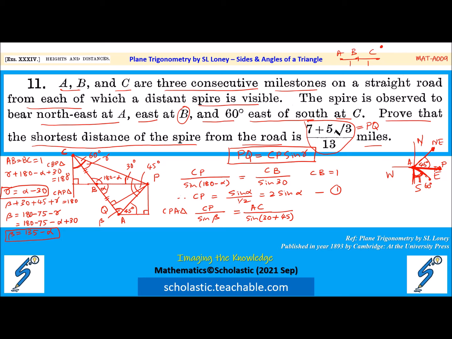So that gives us another equation for CP. Therefore, CP is equal to AC, in this case 2 miles, times sine beta, where beta is 135 minus alpha, divided by sine 75.